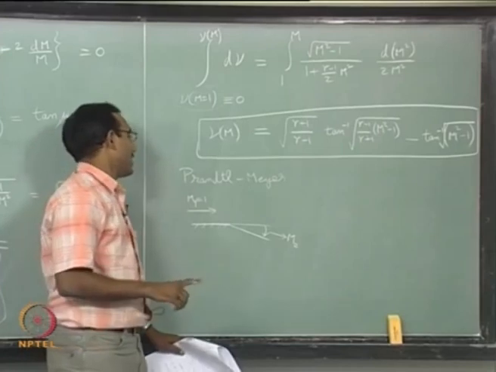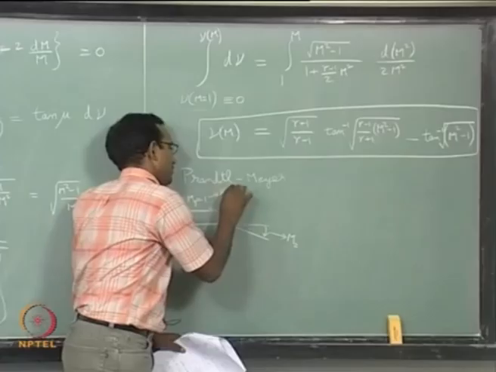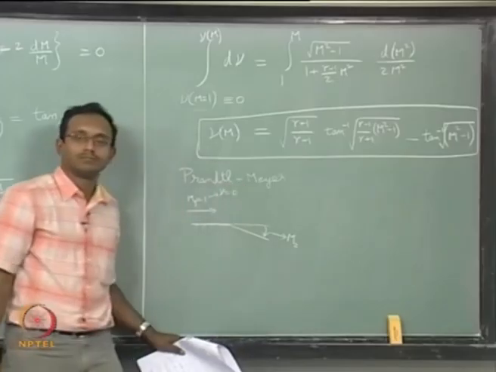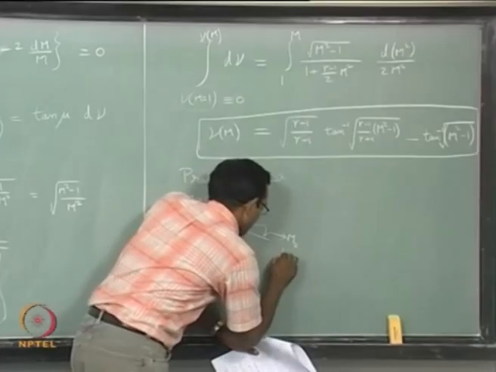Now I will get a new value for this as 0, and what will I get for this value? I will get a nu of M2.